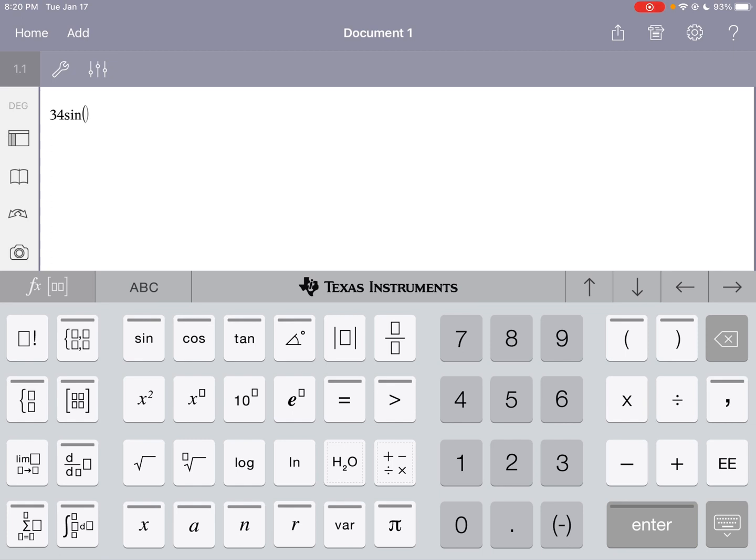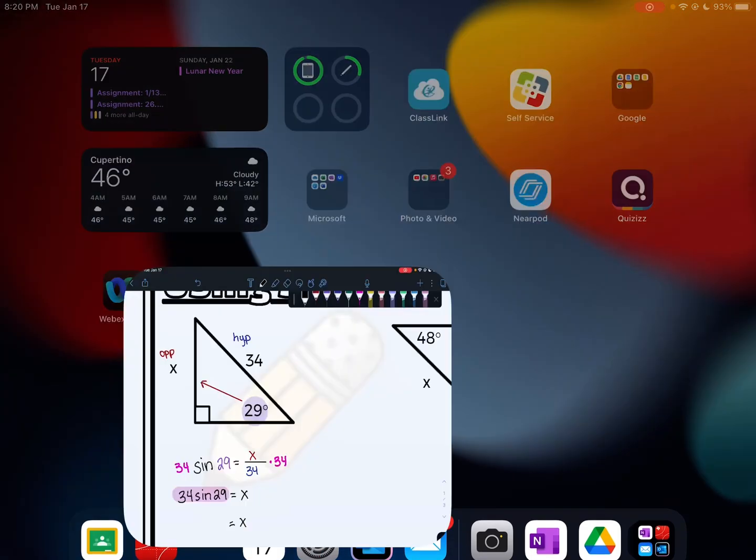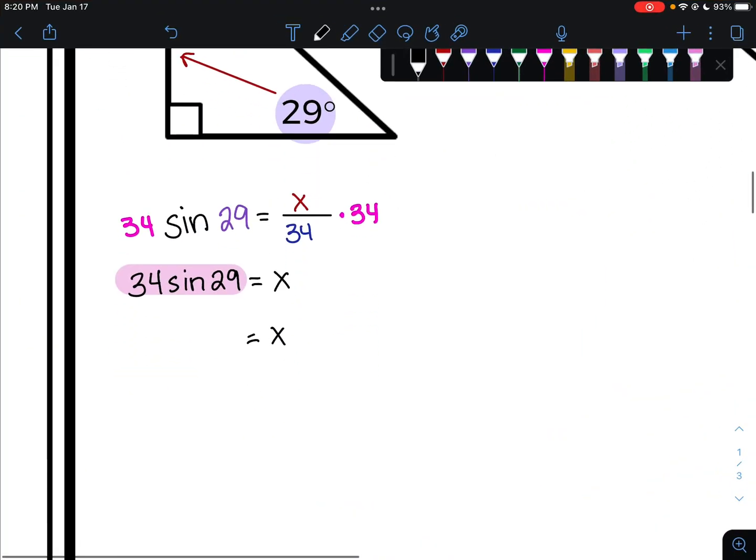It's right underneath the yellow button next to the number 7. Okay, so I have sine and then 29. I press enter. We get 16.483. The 3 tells us that the 8 can stay. So our answer is 16.48.